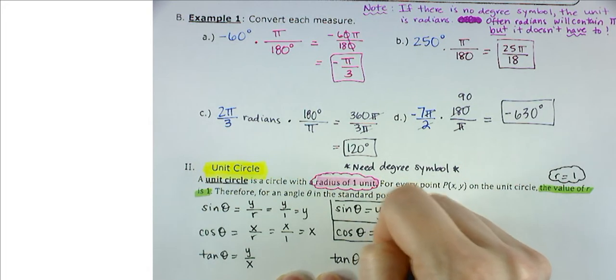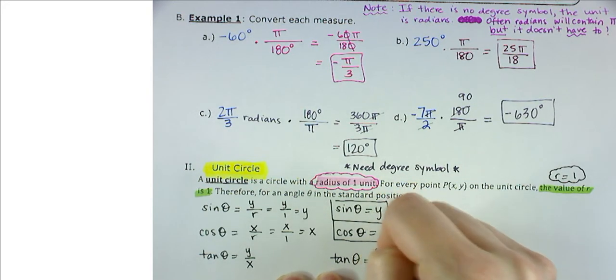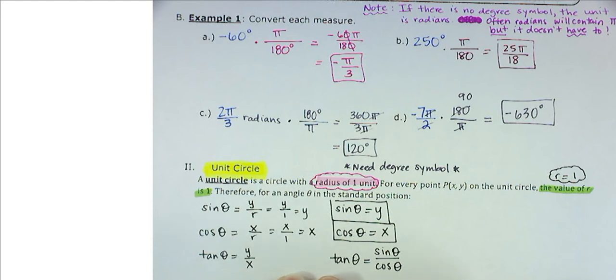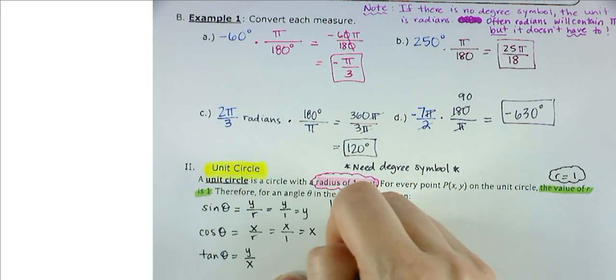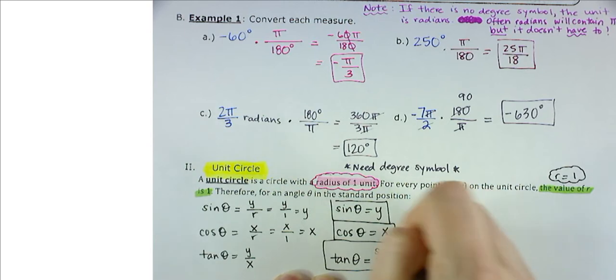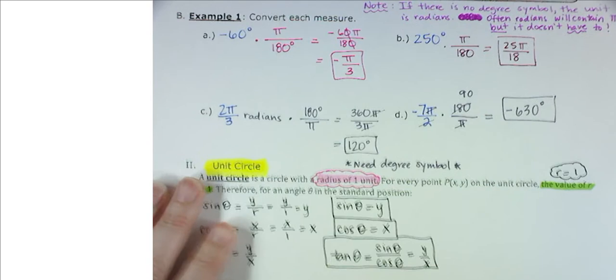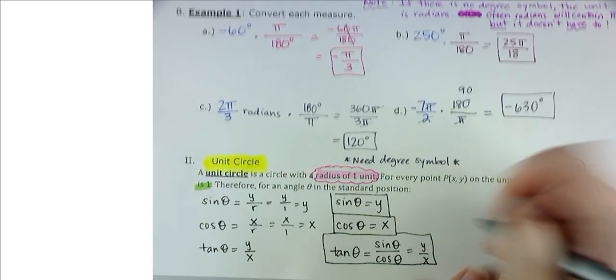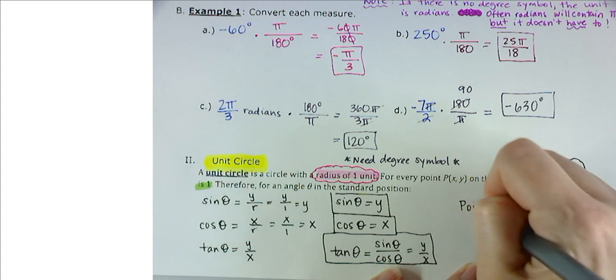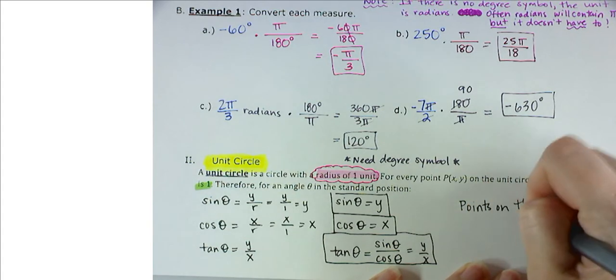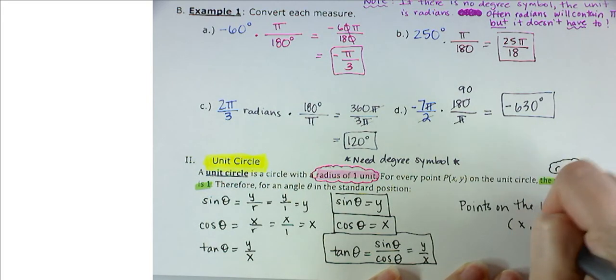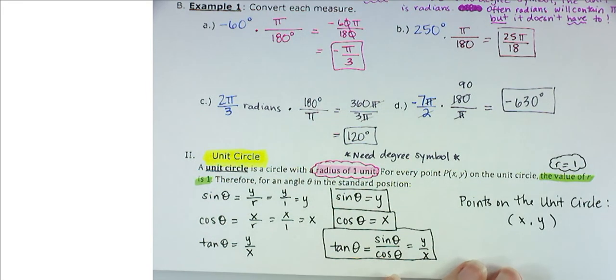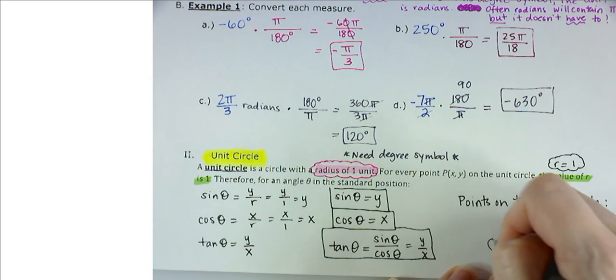Okay, so when we talk about the points on the unit circle, every point that is x, y actually represents the cosine of theta and the sine of theta. Okay, so we are going to have points on the unit circle that are going to represent cosine and sine.